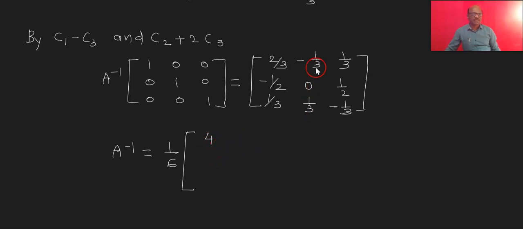Next is again minus 2, 2. Next is minus 3, 0, 3, 2, 2 and minus 2. This is the A inverse.